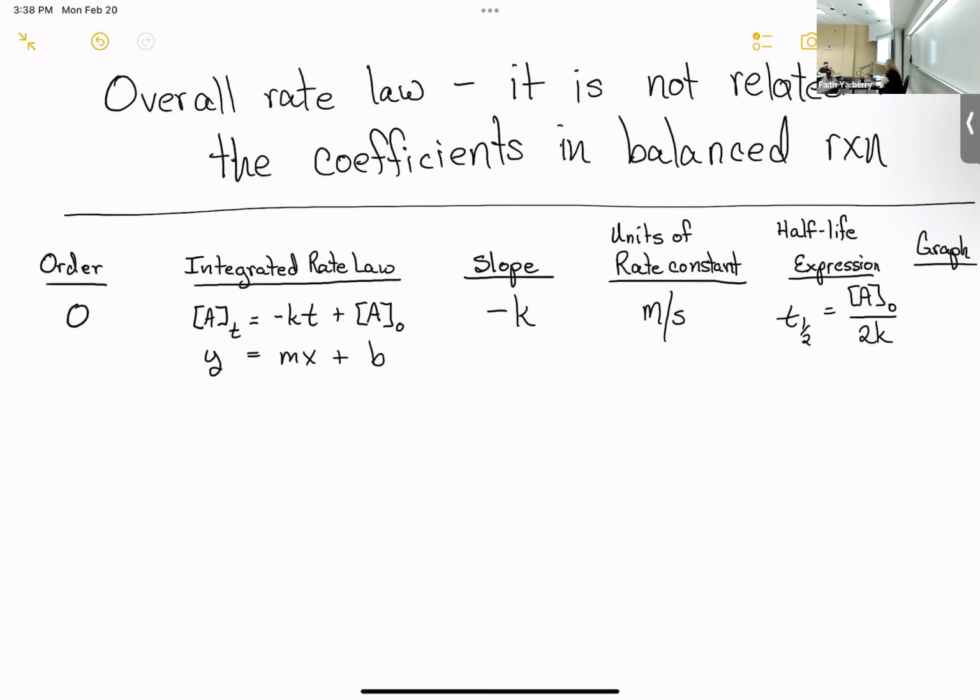In other words, this is a great way also to determine the rate constant, because the slope is equal to minus k, folks.